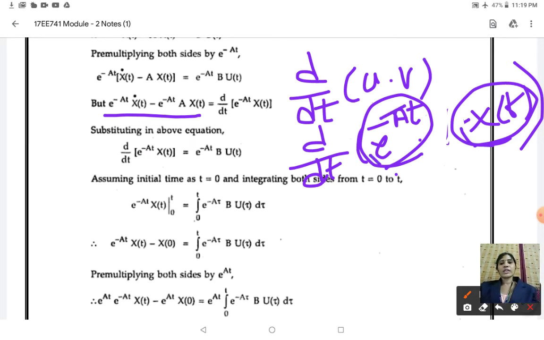So it looks like d by dt of e power minus at into x of t.